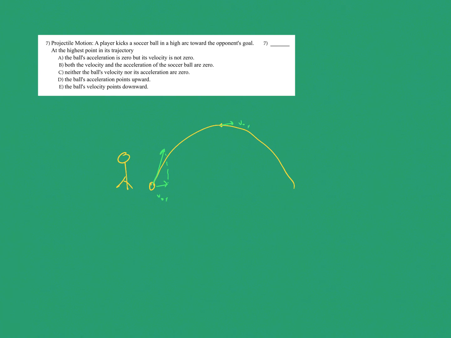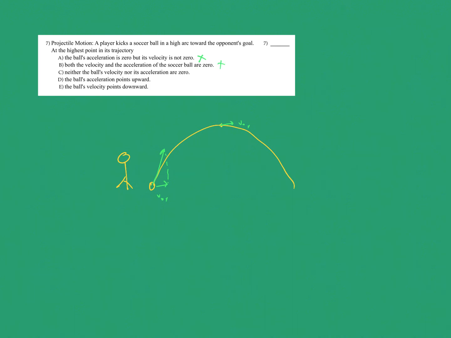And at this point, vy doesn't exist. There is no y component of the velocity going up or down. Is the ball acceleration 0 at the highest point? No, the ball acceleration is always 9.8 downwards. Are both the velocity and the acceleration 0?